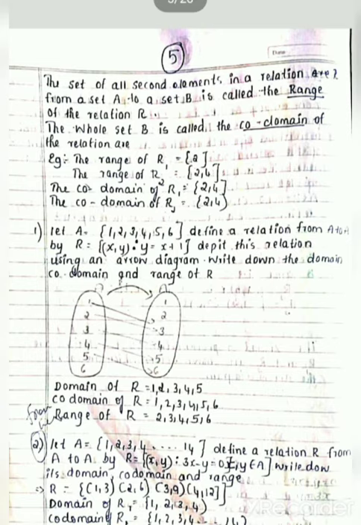Next, the set of all second elements in a relation is called the range. And what is codomain? The whole set B. In the sense, if the relation is defined from A to B, then B is called the codomain.